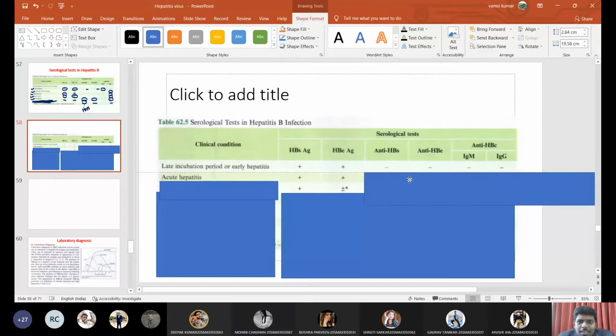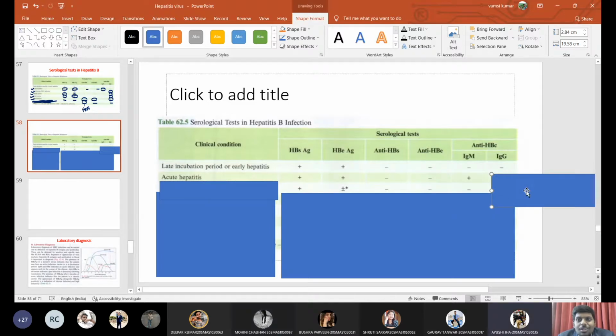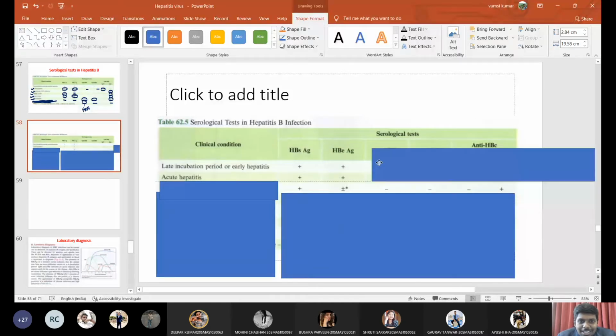Absent, both are negative. What about IgM in acute infection? IgM will be present. What about IgG? Negative. Perfect. So now you can interpret the table, right? This hepatitis interpretation.